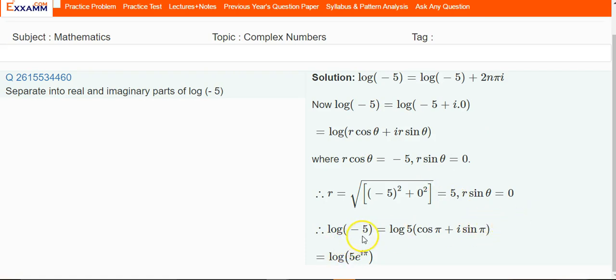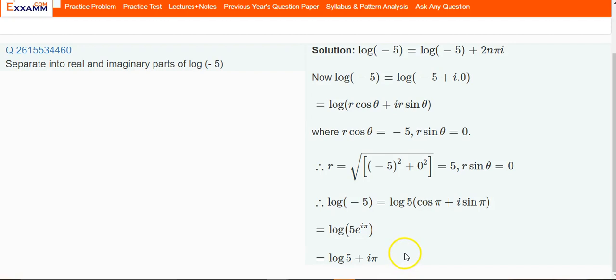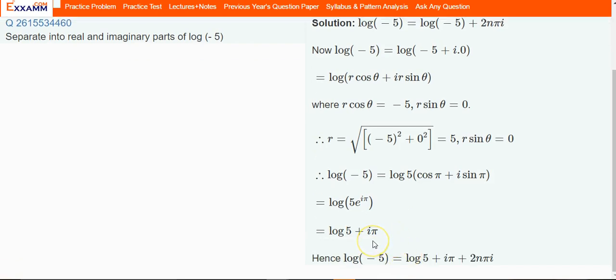Just simply write log of minus 5 is equal to log 5 plus i pi, and now we add another 2n pi i to find all possible values of this number. So this is log 5 plus (2n plus 1) pi i.